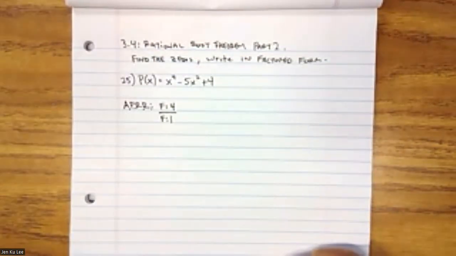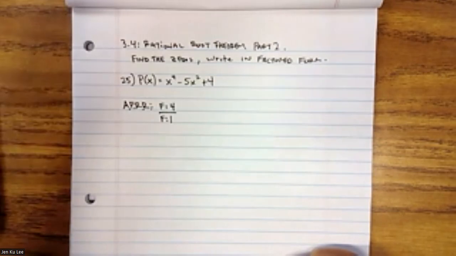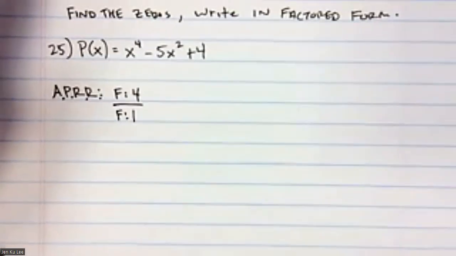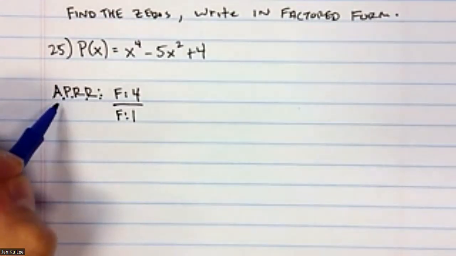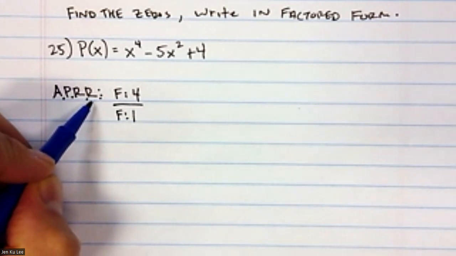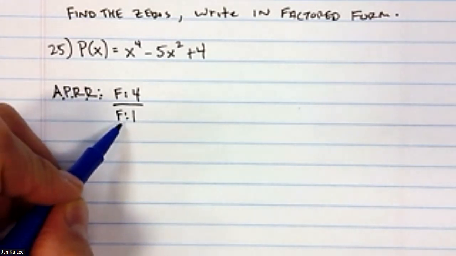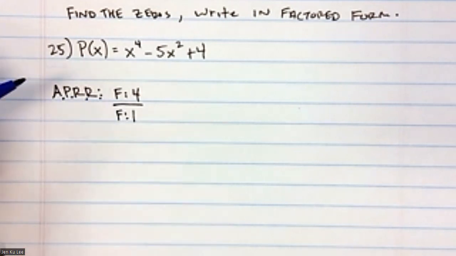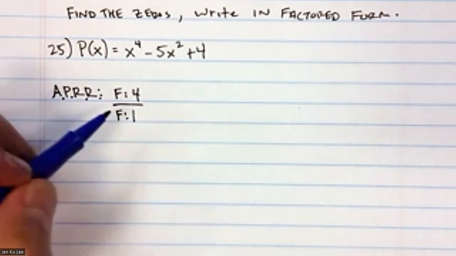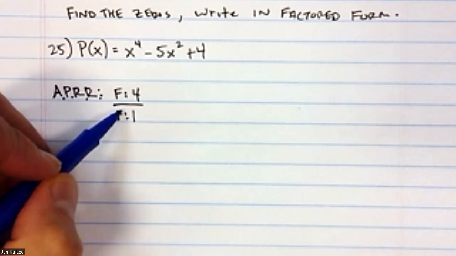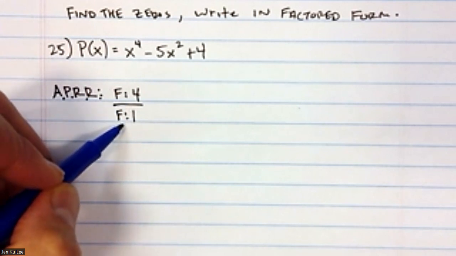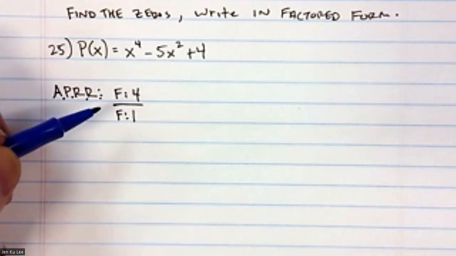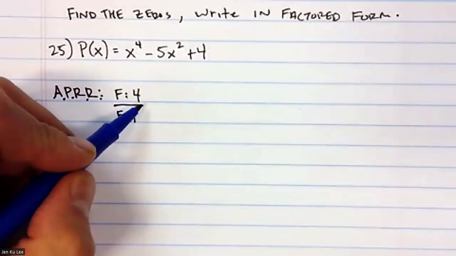which is 1, right? So when we are finding all possible rational roots, and my leading coefficient is 1, I don't really think about it, okay? Because whatever the factors of 4 is divided by the factors of 1 is just plus or minus 1. So it's just going to be the factors of 4.